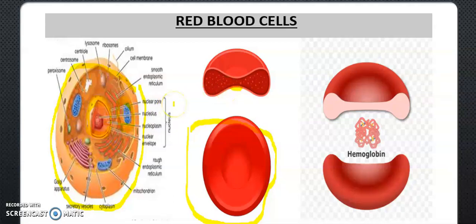So if they don't have the nucleus and they don't have the mitochondria, what do they have instead? Well, they're going to have this structure here called hemoglobin. In addition to that, the red blood cells also have an enzyme that is very important, that is going to allow the red blood cell to perform the functions that it needs to perform. So then, what are the jobs of the red blood cell?